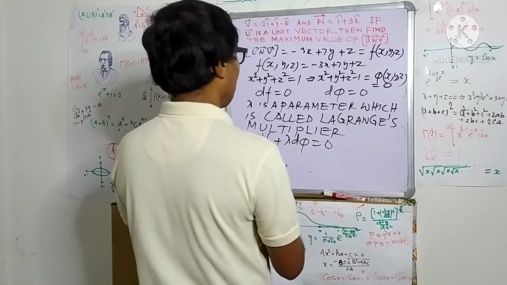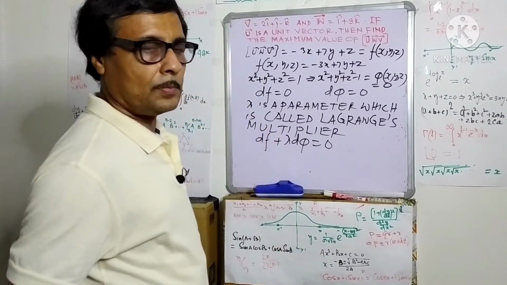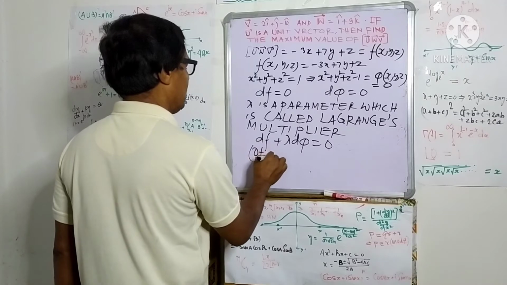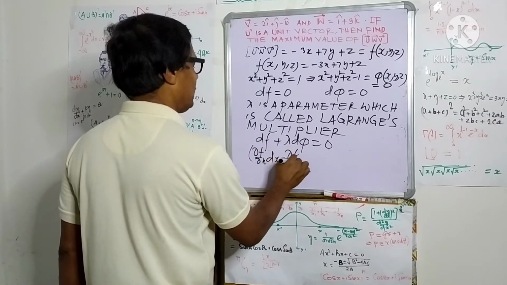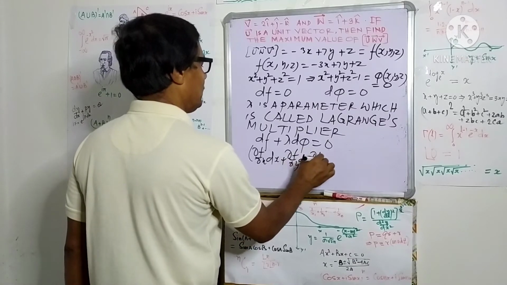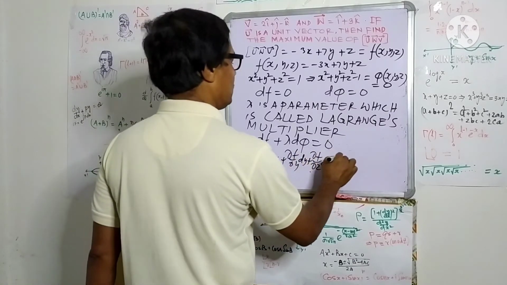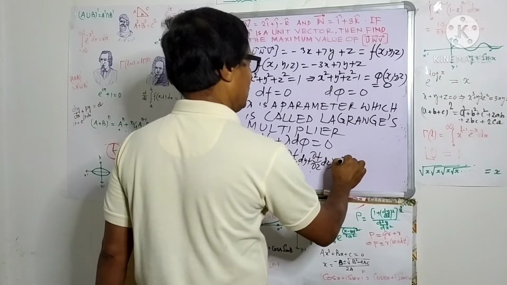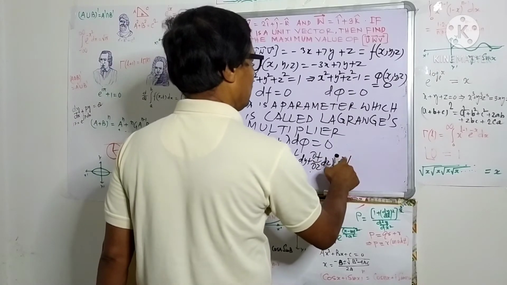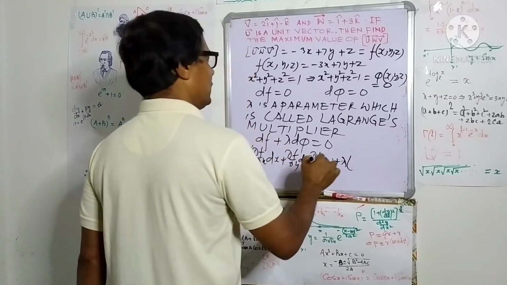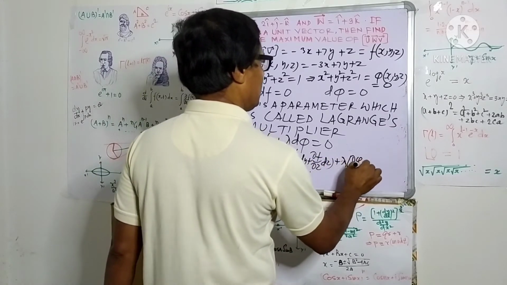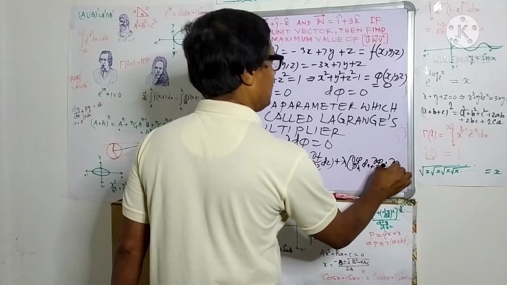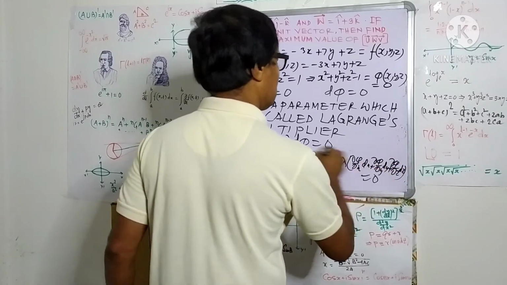Now, df is the total differentiation of f, so we can write df equals del f del x dx plus del f del y dy plus del f del z dz, and d phi is also the total differentiation of phi, so we can write del phi del x dx plus del phi del y dy plus del phi del z dz equals 0.